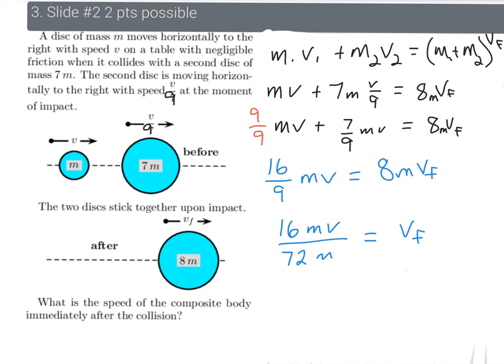So the 8 moved down to the denominator, and 8 times 9 gives us 72. All right, we'll see the m's reduce out, and the 16 over 72 is going to simplify to 2 over 9 v. So the final velocity would be 2/9 the original velocity.